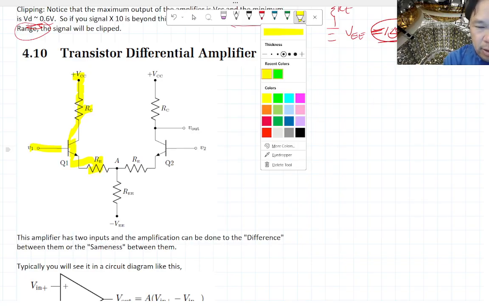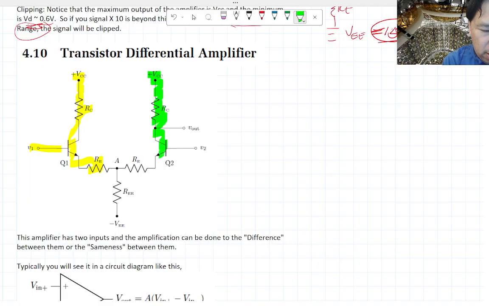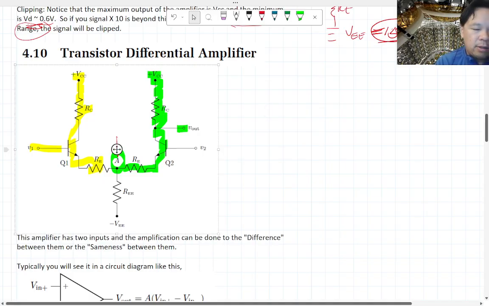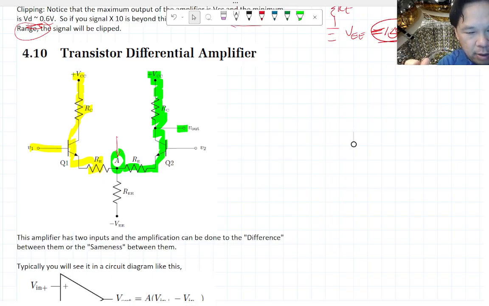On the right hand side, we have another common emitter amplifier, and what used to be ground in the single common emitter amplifier case, we're going to call that point A. That's going to be an important point because it's kind of like your virtual ground that your input's going to be compared to in order to get a differential amplification.